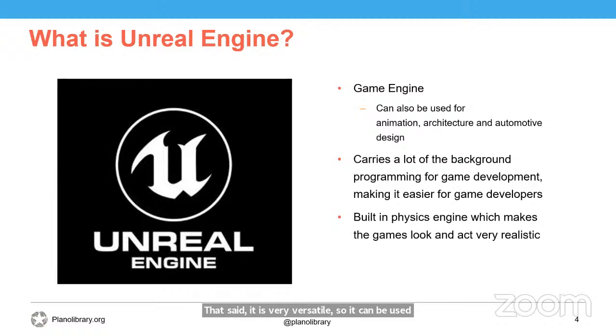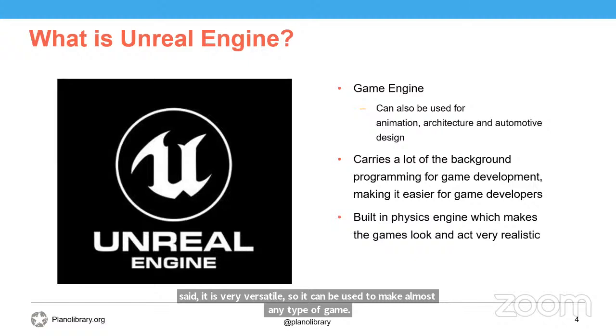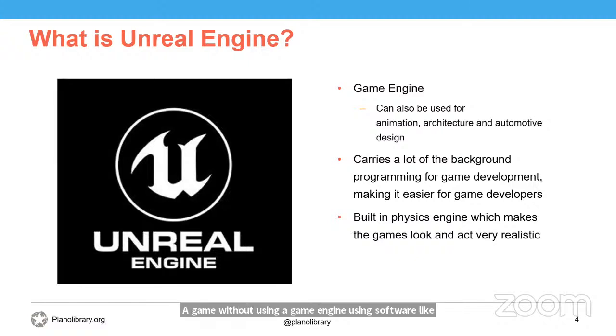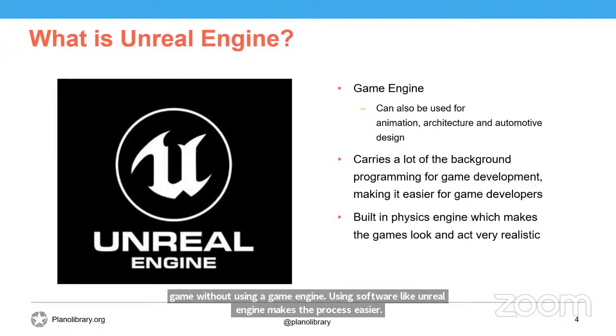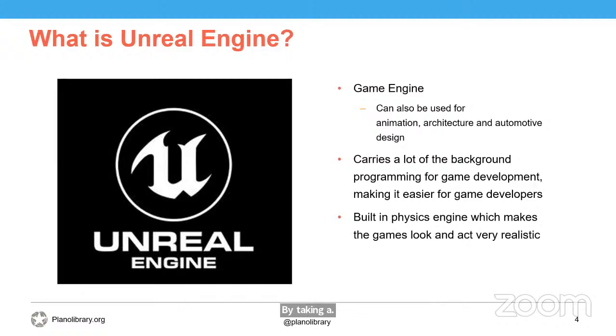While it's possible to make a game without using a game engine, using software like Unreal Engine makes the process easier by taking care of some of the work that the game designer would otherwise have to do. For example, it makes games that you make in the software more portable.